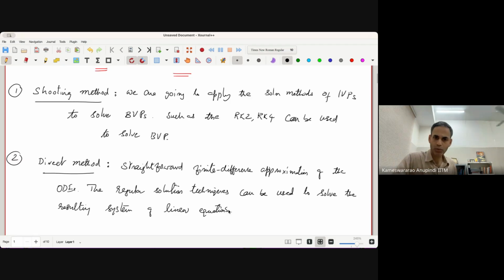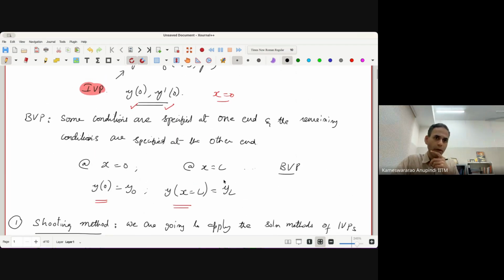So these are the two methods that we're going to learn in the context of boundary value problems.